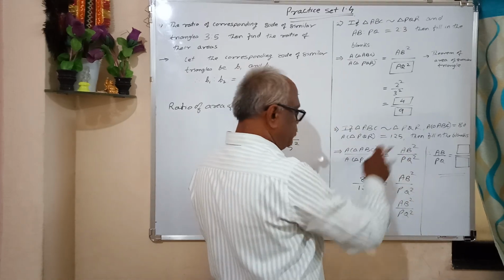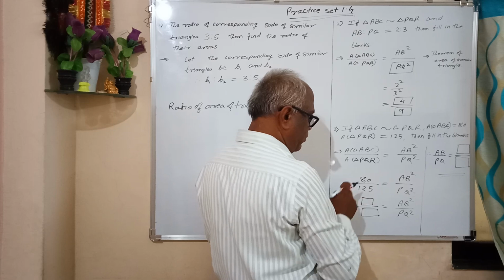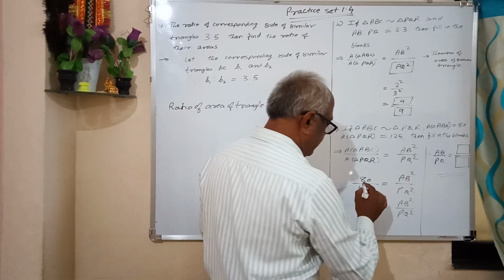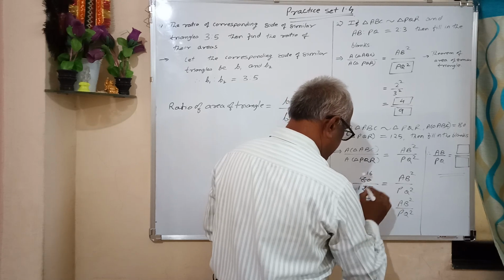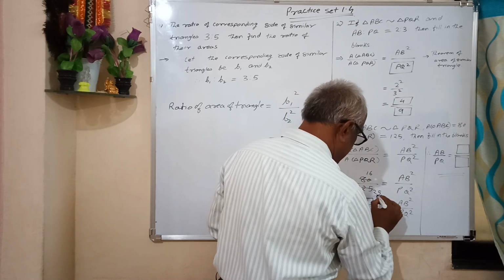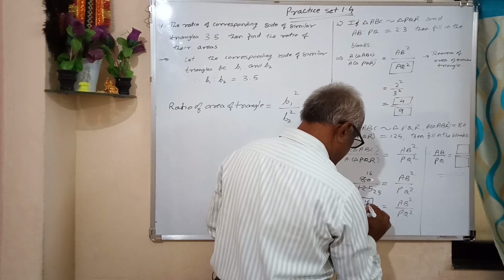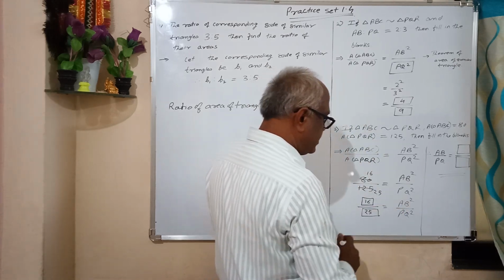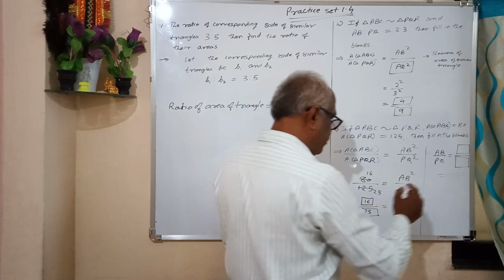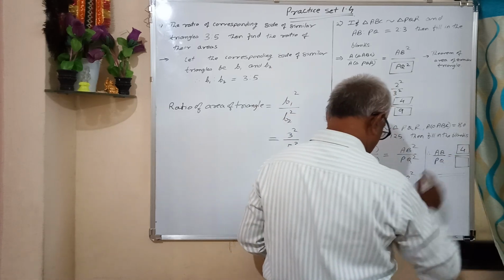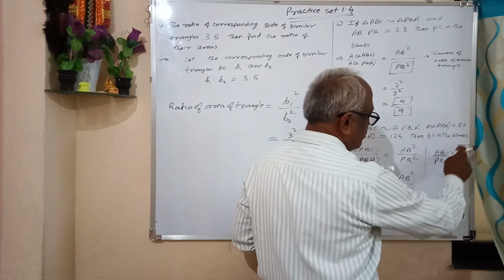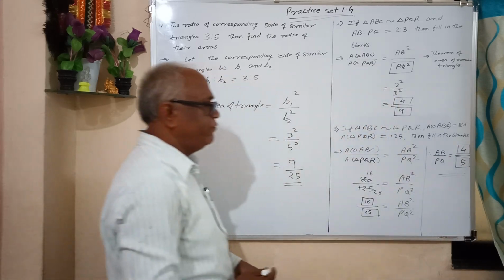The area values are given, that is 80 upon 125, which is equal to AB square upon PQ square. 5 16s are 80, 5 25s are 125. Here it will come 16 upon 25. Taking square root on both sides, square root of 16 is 4 and square root of 25 is 5. Therefore, AB upon PQ is equal to 4 upon 5.